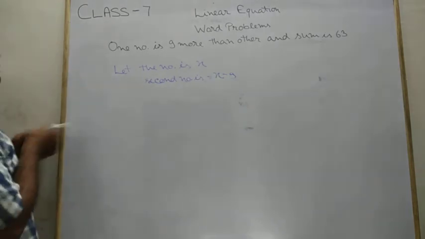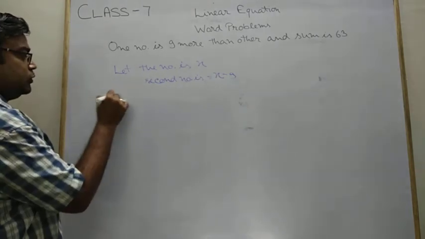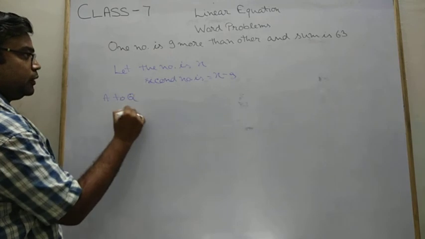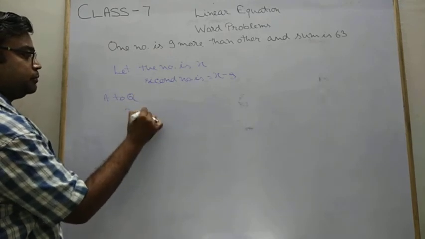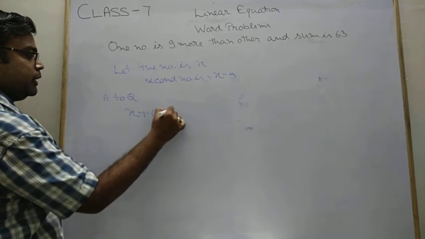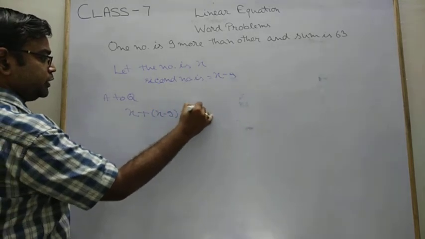The sum is 63. So according to the question, x plus x minus 9 equals 63.